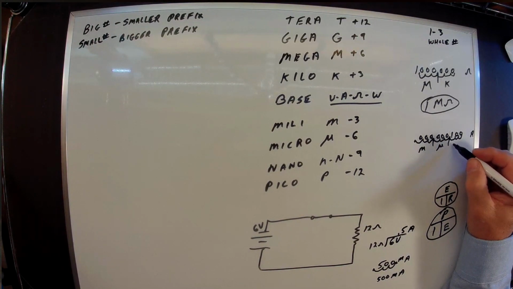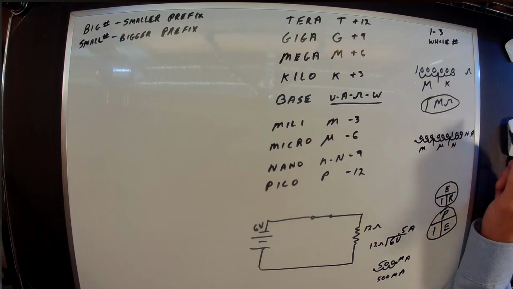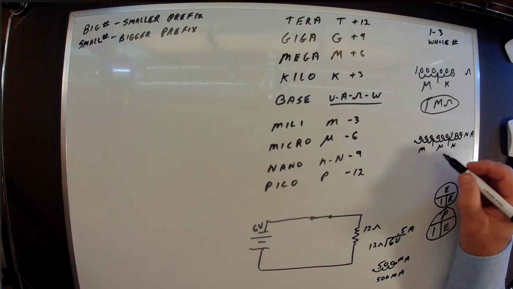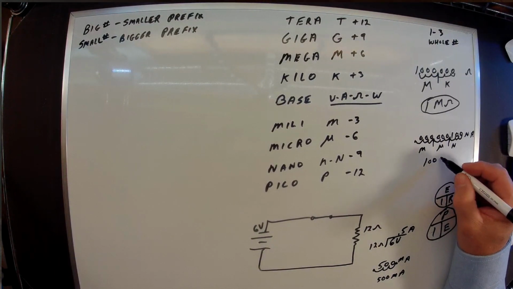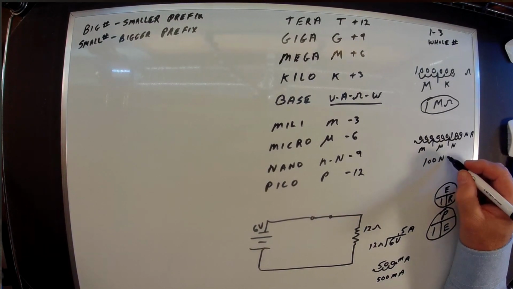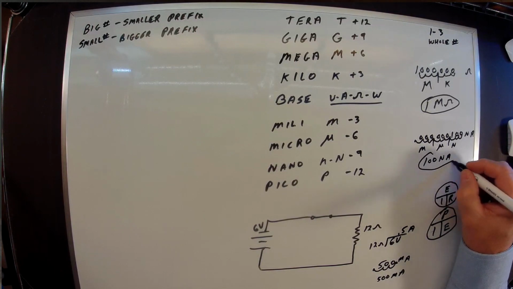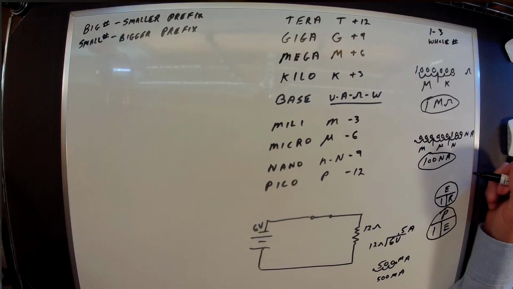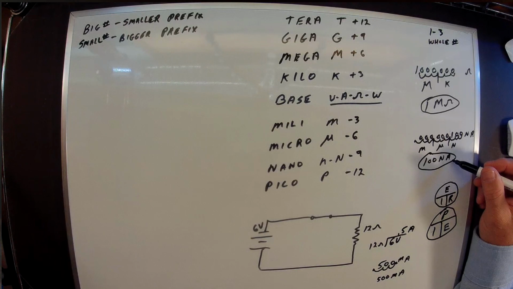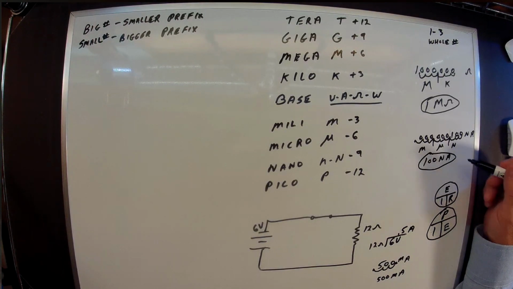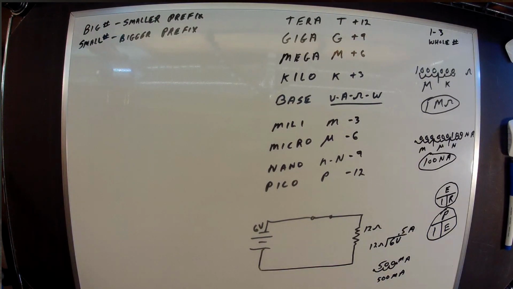We'll put 2 zeros. And that would be nano, small n. And that's what we would end up with. The nano. Nanoamps. So it would end up being 100 nanoamps. And that's all there is to it.